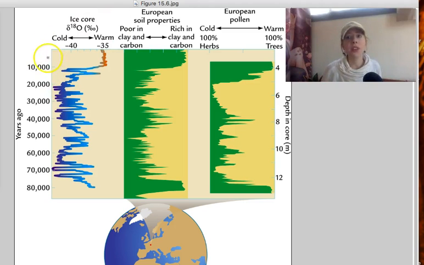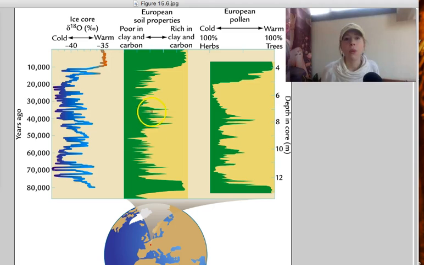And so what this graph is showing is, on the y-axis, we're looking at the past 80,000 years. So 0, once again, is present time. And we're looking at ice core data. And so here we're looking at the oxygen isotopes in the ice cores.